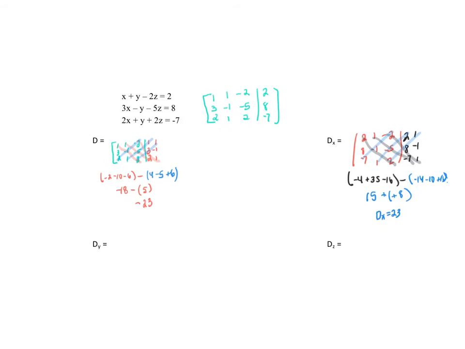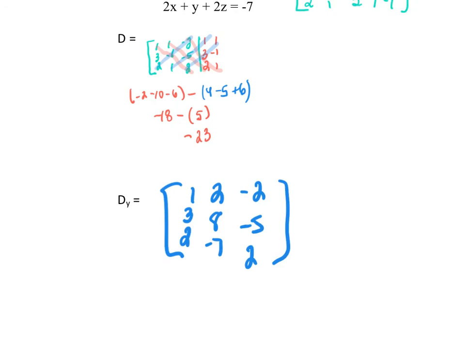So now I find d sub y. Again, I put my x coefficients, 1, 3, 2. My answers, instead of the y coefficients, 2, 8, negative 7. Then my z coefficients, negative 2, negative 5, 2. Perform the operations by first rewriting the first two columns, 1, 3, 2, 2, 8, negative 7.